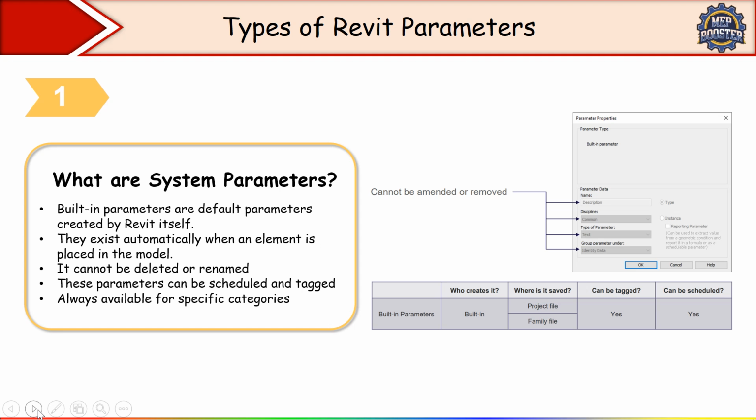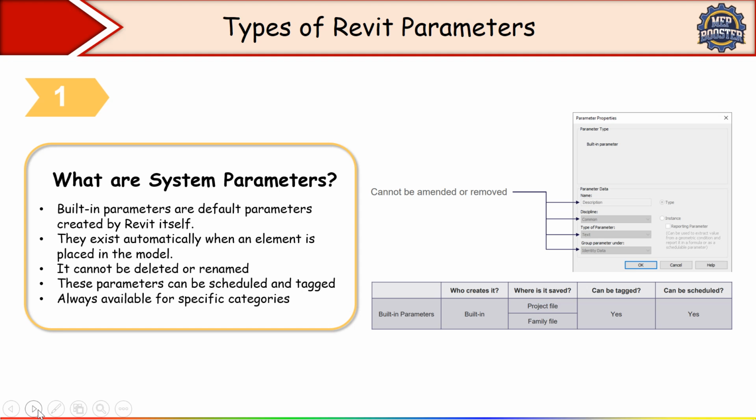It means different elements have different system parameters. For example, a door has width and height. If you have a wall, the wall has thickness, base constraint, top constraint. So Revit assigns them based on element type. Clear? So this is called a system parameter. Hope it is clear for all of you.